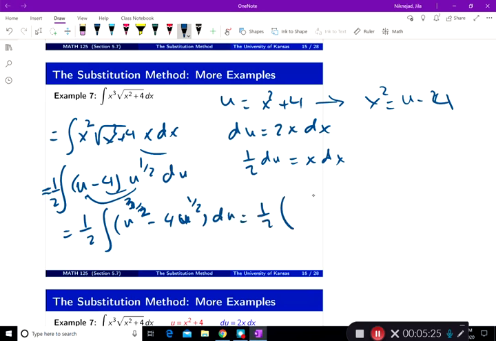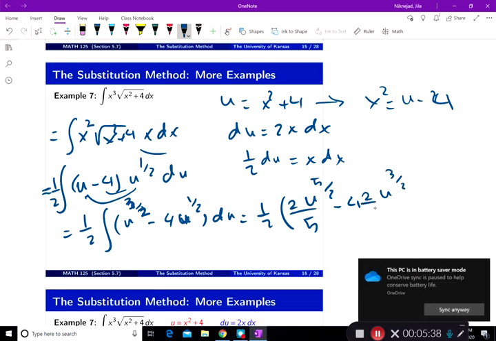So it's 1/2 of u to the power 5/2 times 2/5 minus 4 u to the power 3/2 times 2/3, plus C.